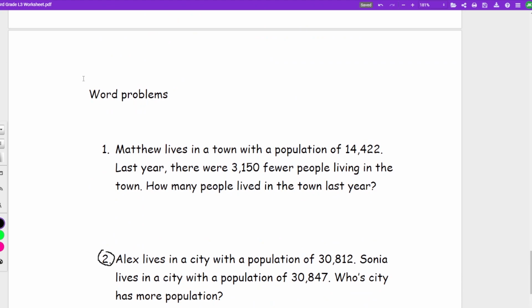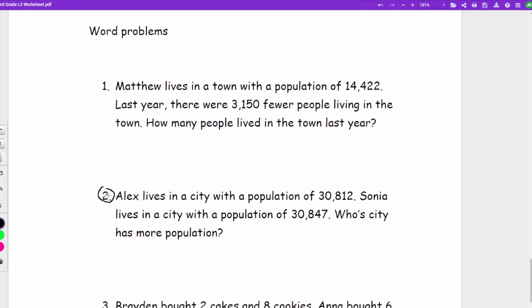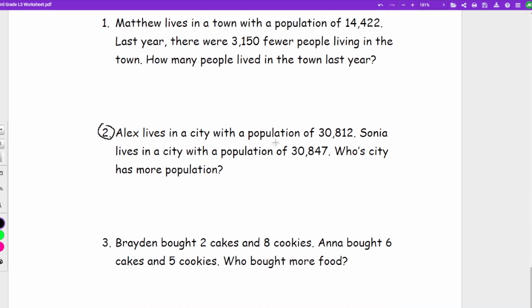And we're going to move on to the word problems. Question 2. Alex lives in a city with a population of 30,812. Sonia lives in a city with a population of 30,847. Whose city has more population? So we're going to compare these two numbers.